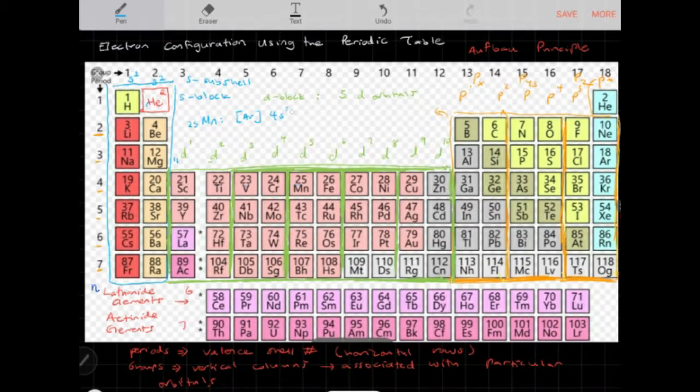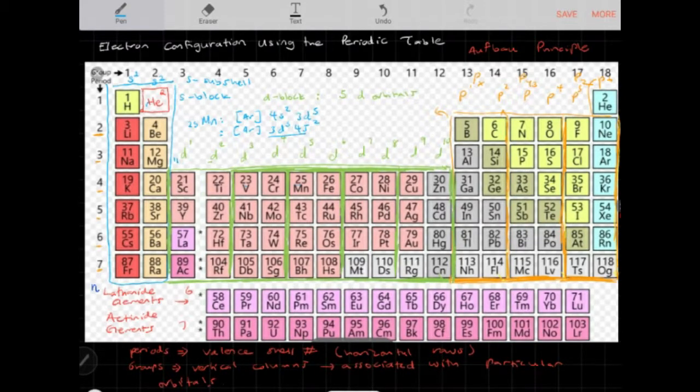So it's 4s2, 3d5. Now sometimes in textbooks they're going to put this in increasing order, so 3d5 and then 4s2. Okay, so all of this is a valence shell, and the reason that the D subshell occurs after the 4s subshell is because the D subshell actually expands further outwards, right?